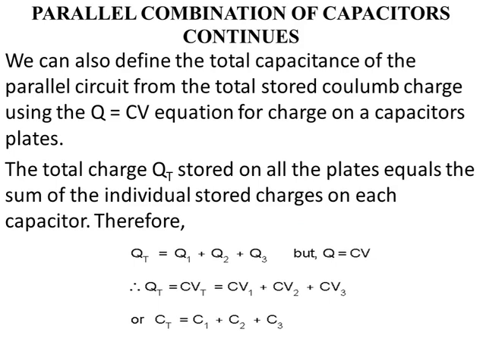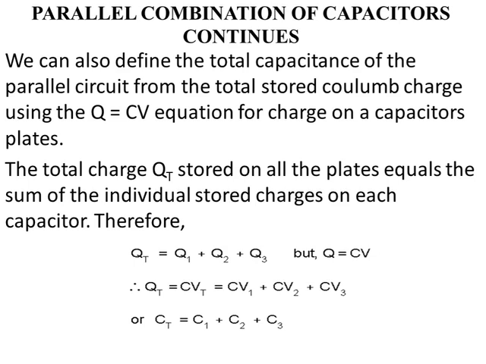Now we can also define total capacitance of the parallel circuit from the total stored coulomb charge using Q equals CV. Now remember I said it before that for a parallel combination of capacitors, the same voltage flows through. All the capacitors in that particular circuit will be having the same voltage.